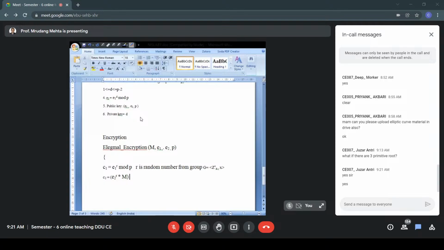C2 is actually our ciphertext, but for decryption purpose we will need both C1 and C2. So that you have to understand.